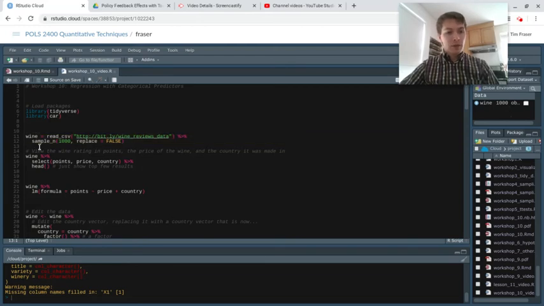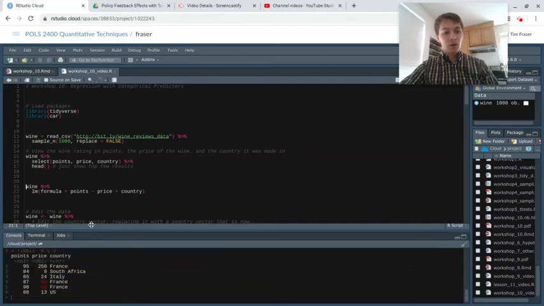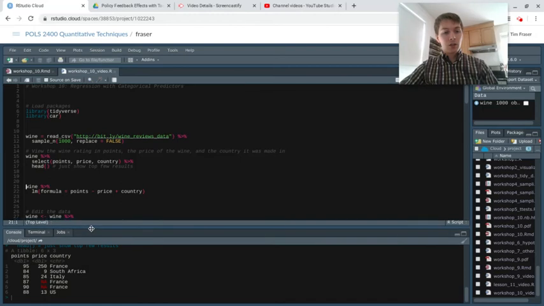So if we view this, selecting just the vectors points, price, and country, we will see the first few rows in this data set. And we see that the points, the rating of the wine, is here. So this was 95 on a scale from 0 to 100.